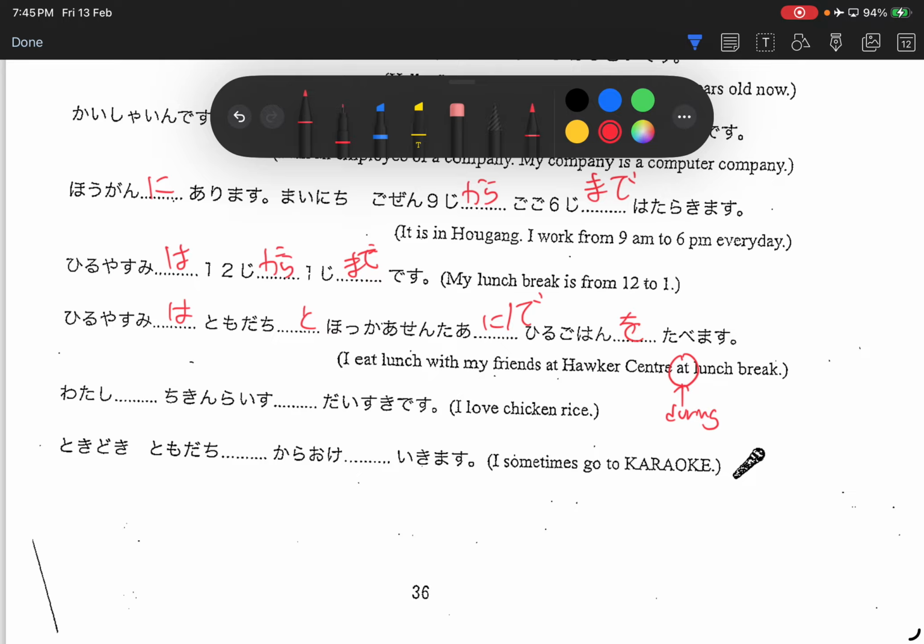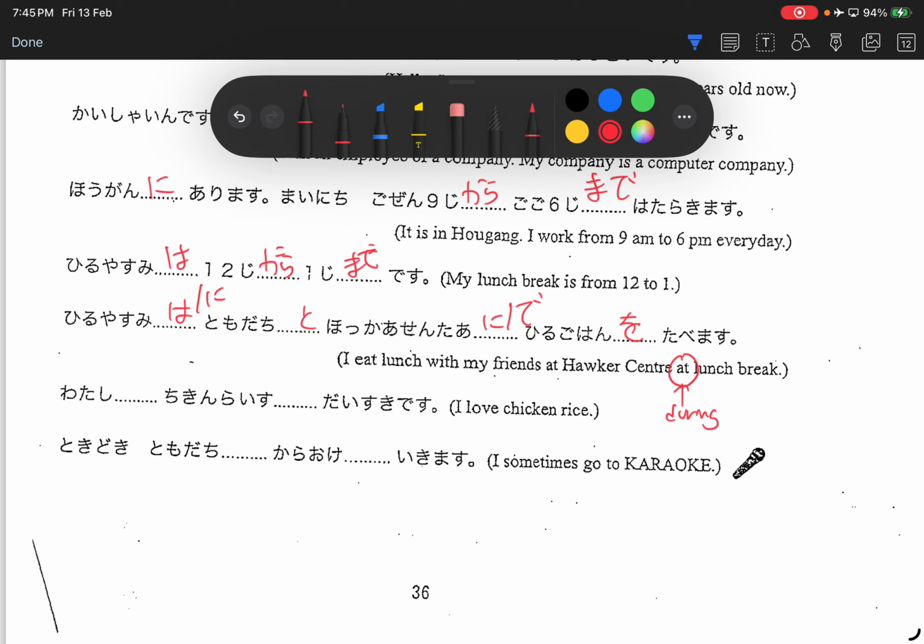During lunch break, how do we say during? Remember the present, given to her during her birthday? お母さんは誕生日にもらいました。So we can put ni here also.